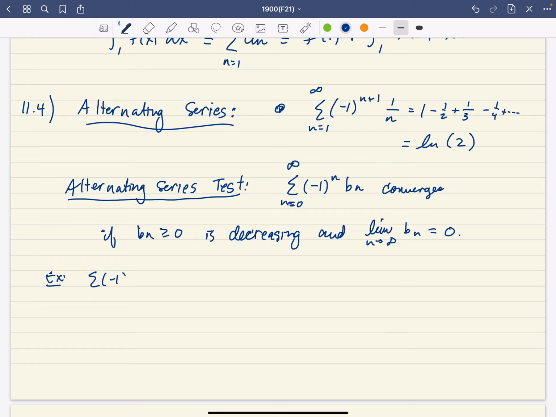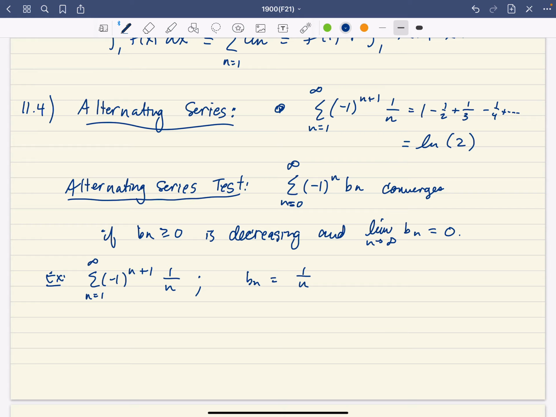So, for example, our b sub n, if we look at the alternating harmonic series, by the way, I'm not going to write it, but I could have also written this with a plus 1 instead. Okay, so that again just tells you which sign goes first, if it's a plus 1 or a minus 1, but they're both called alternating series, as long as the signs alternate each term. So if I look at negative 1 to the n plus 1 times 1 over n, the sequence that we're looking at is b sub n, which is 1 over n.